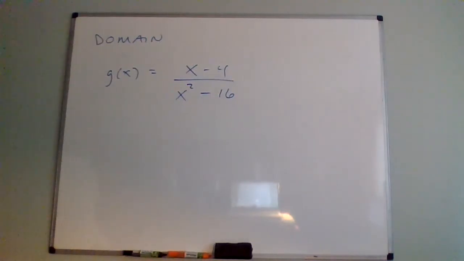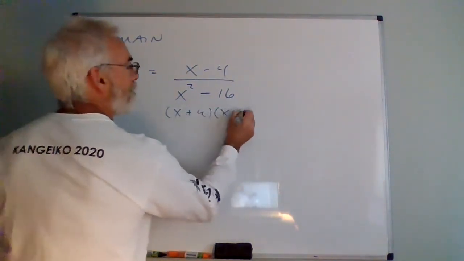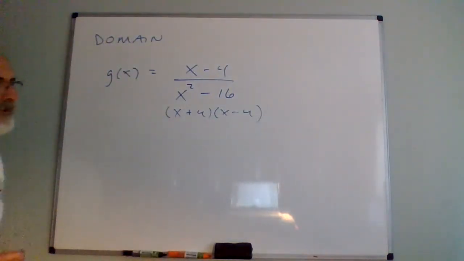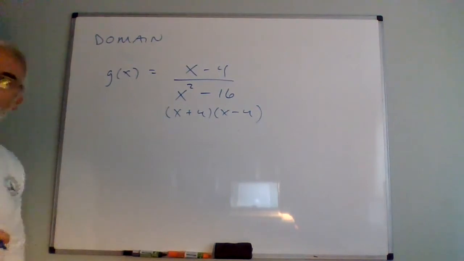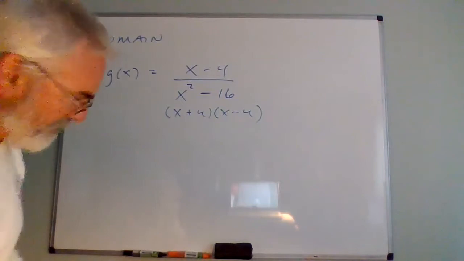Now, we notice that, again, the denominator being quadratic means I can probably factor it. So when we do so, we get x plus 4, x minus 4. Great. But we also notice both numerator and denominator have a factor of x minus 4 that can clearly be canceled. This leads us to a little bit of a dilemma.